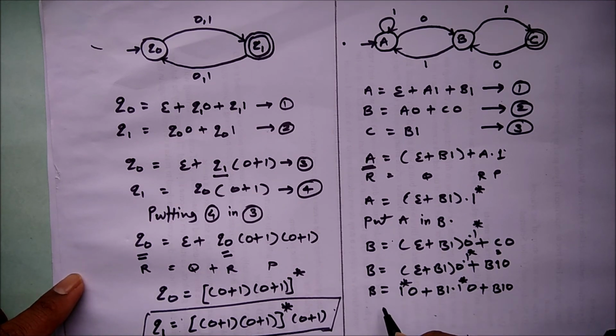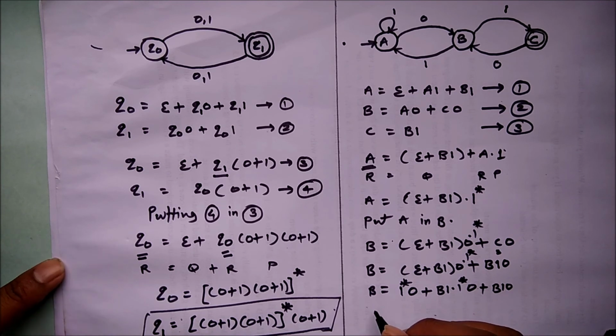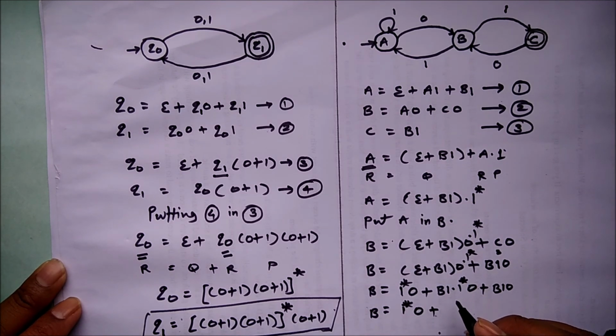Now this can be reduced to the form R is equal to Q plus RP. How can that be reduced? See, B can be written as 1 star 0 plus, and I can take B out as a common factor.